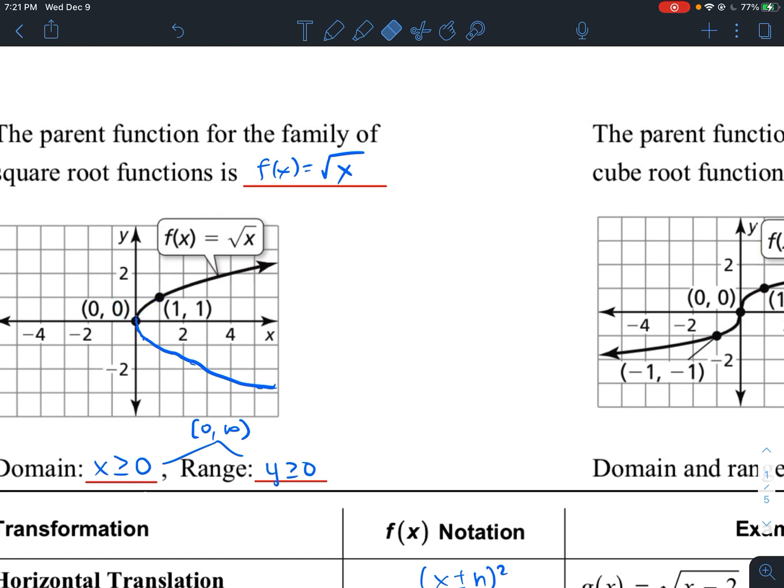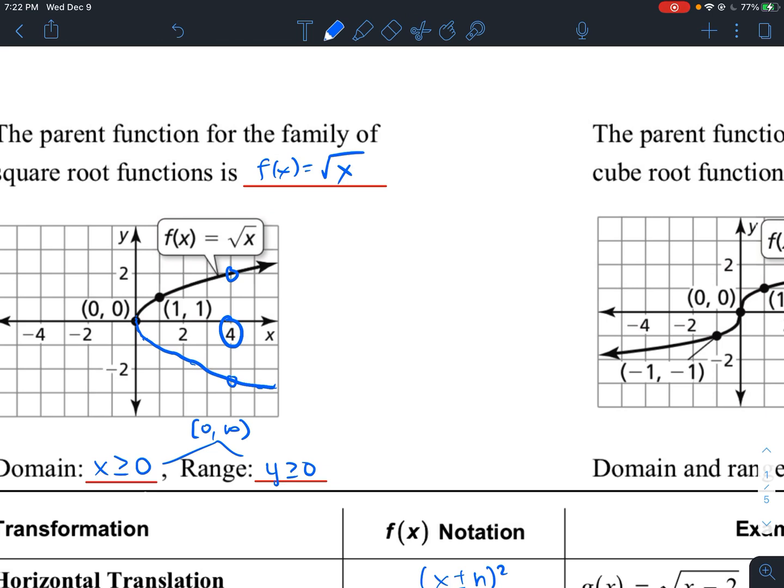The reason we can't include it is that it ceases to be a function. A function by definition says that for every input value, so for every x value, there is only one y value. But if we were to include the bottom half, see how we have two y values for the x.